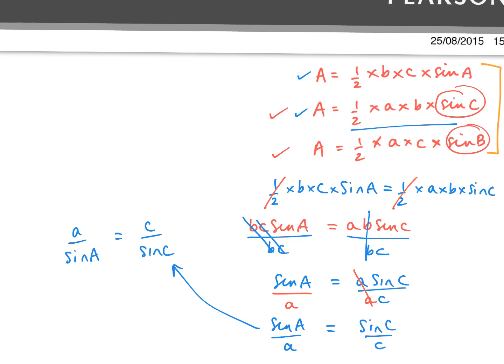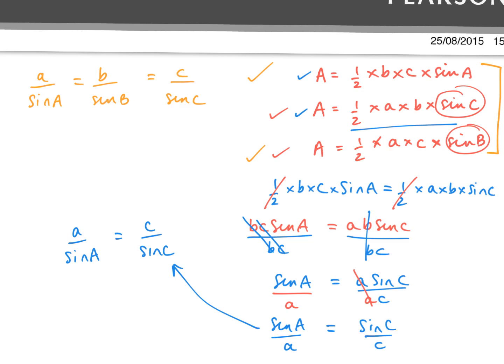And then if you wanted finally to put these two equal to each other, then you would be left with A over sine A is B over sine B. So hopefully that explains why, if all of those three things are equal to each other, that's how the sine rule follows on. That's why all of these three are equal, because you can show that these two are equal, these two are equal, therefore these two must be equal.